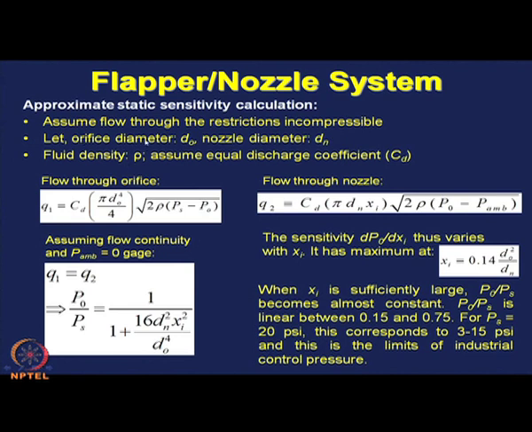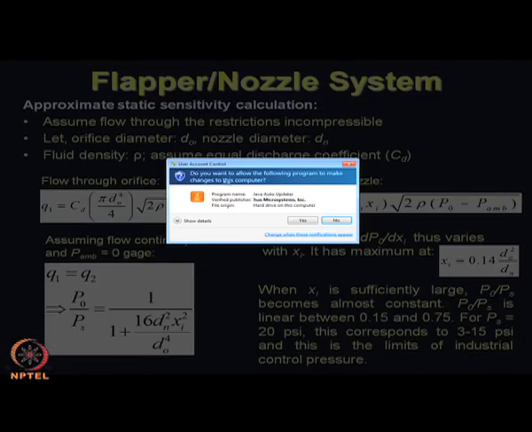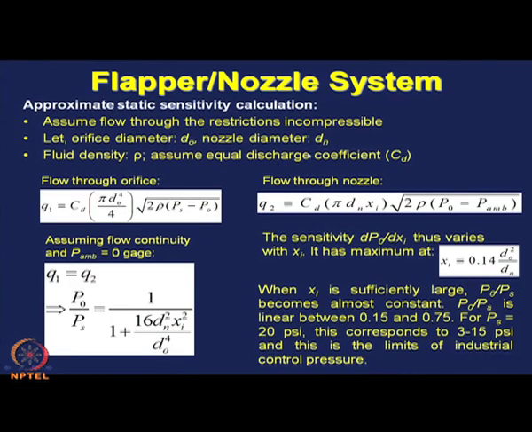Let the orifice diameter be represented by DO and the nozzle diameter be represented by DN. We represent fluid density by rho and we assume that the discharge coefficient for orifice and the discharge coefficient for nozzle are the same.